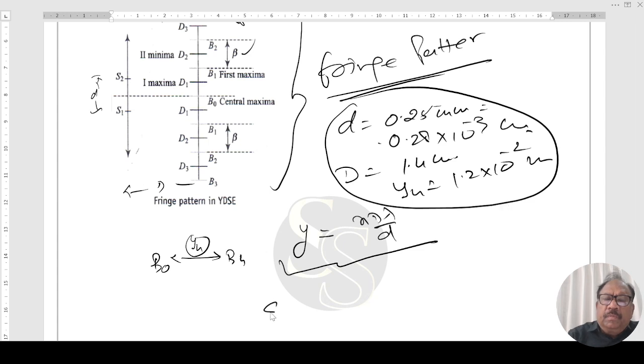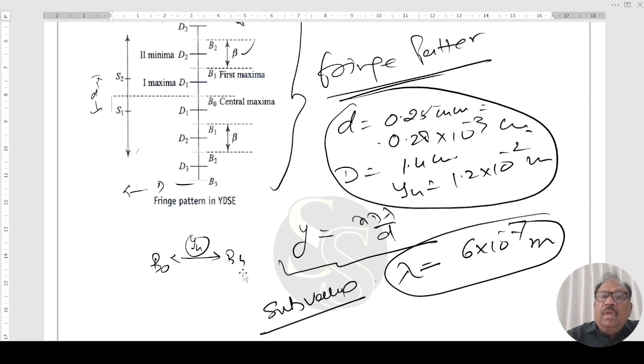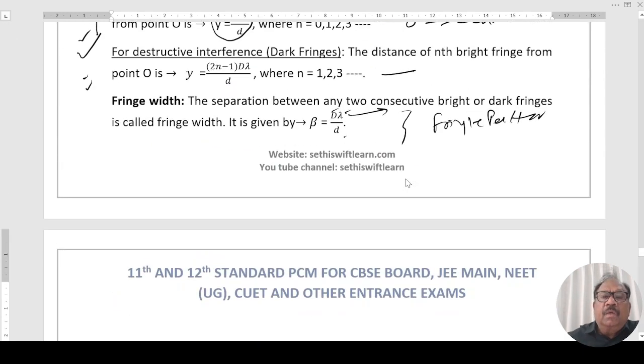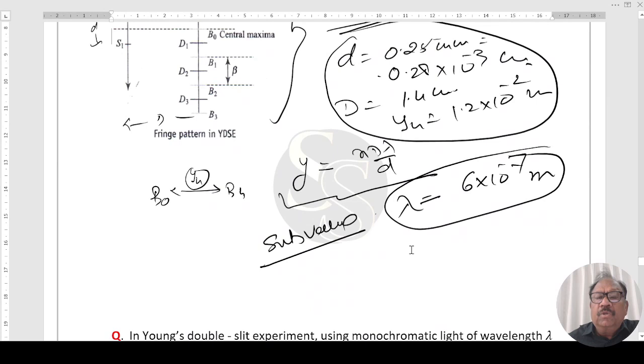Substituting values, we get lambda comes out to be 6 into 10 to the minus 7 meter. This question we can do orally, directly with the formula, but to clear the concepts, to clear the impression, I have explained it here. Right? Next question.